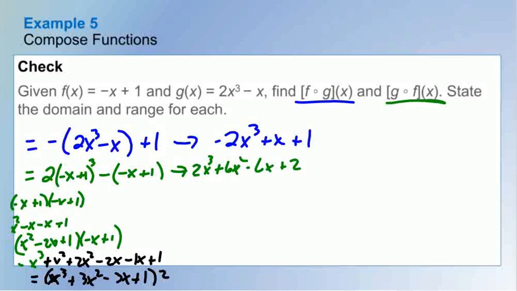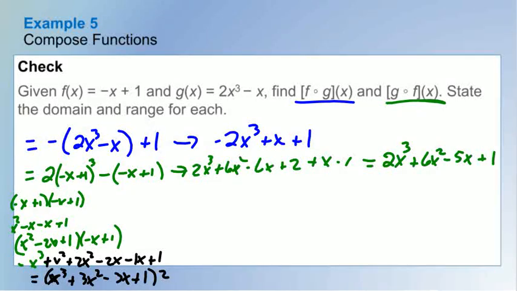And then we have to subtract a negative x, so really plus x minus 1, which will give us a final answer of 2x cubed plus 6x squared minus 5x plus 1.